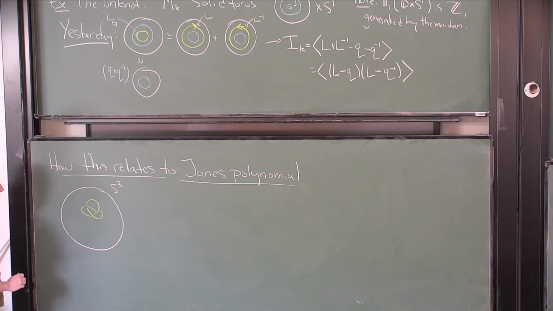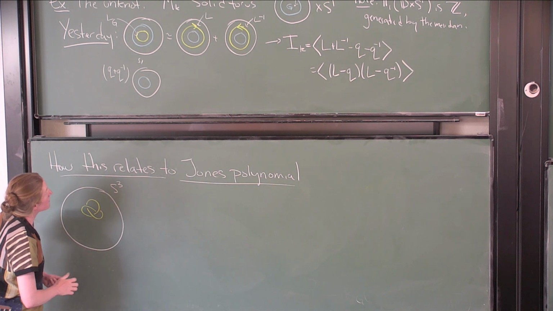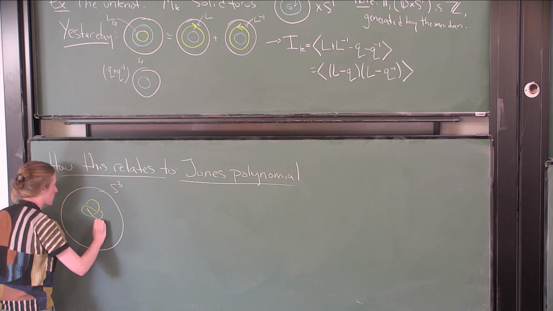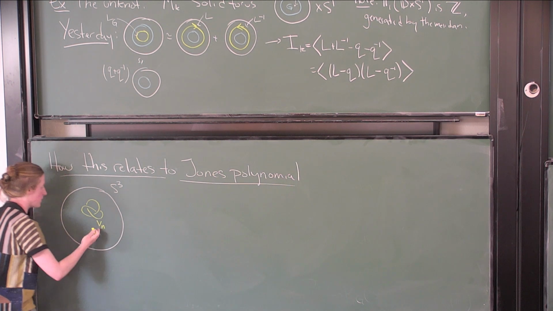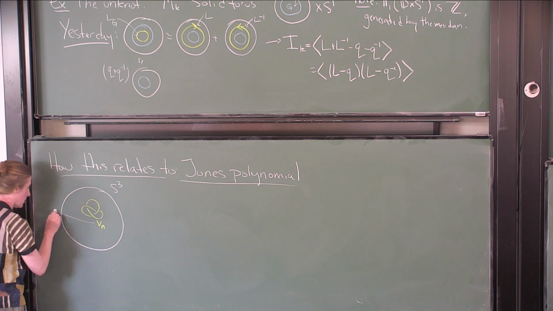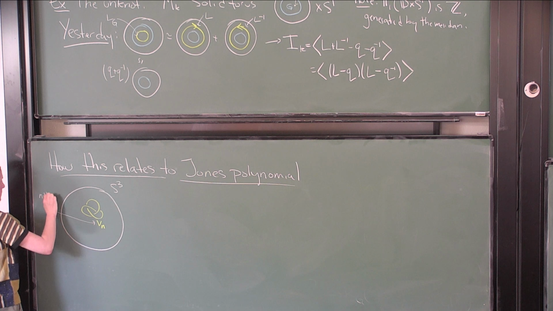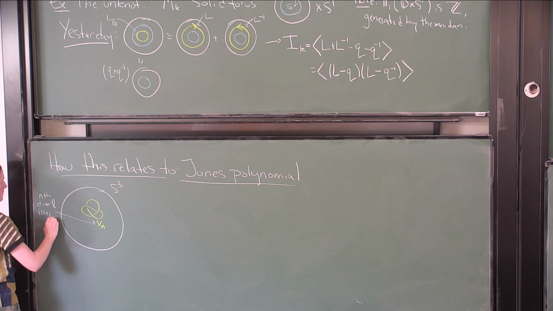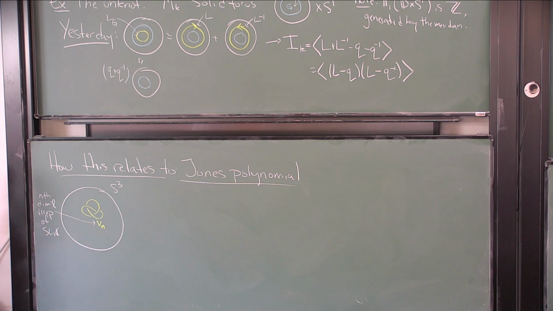Like that. And the Colored Jones polynomial depends on a parameter n. What I do is I take this skein and I color it by n, the nth dimensional irrep of SL2C, like this.